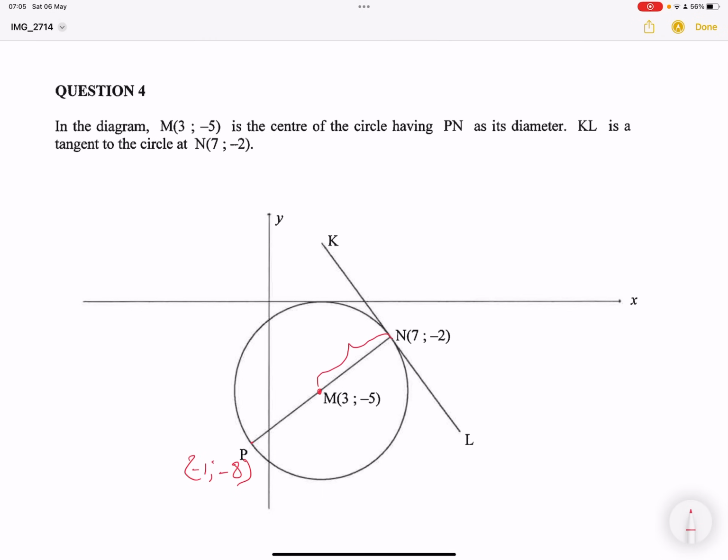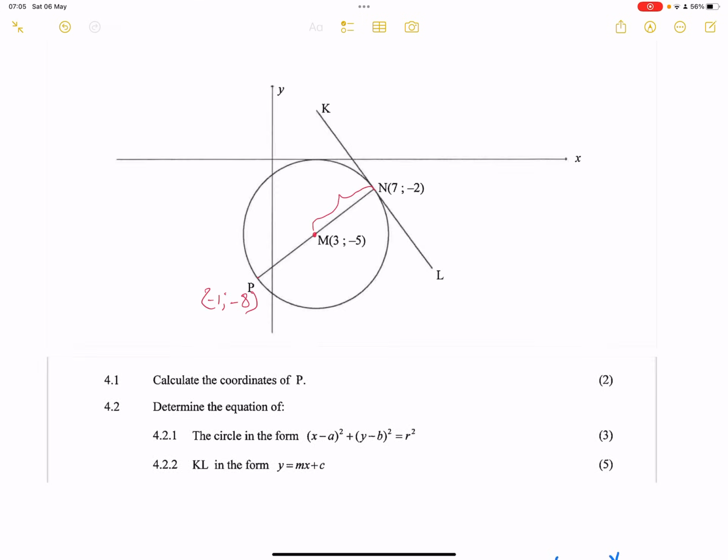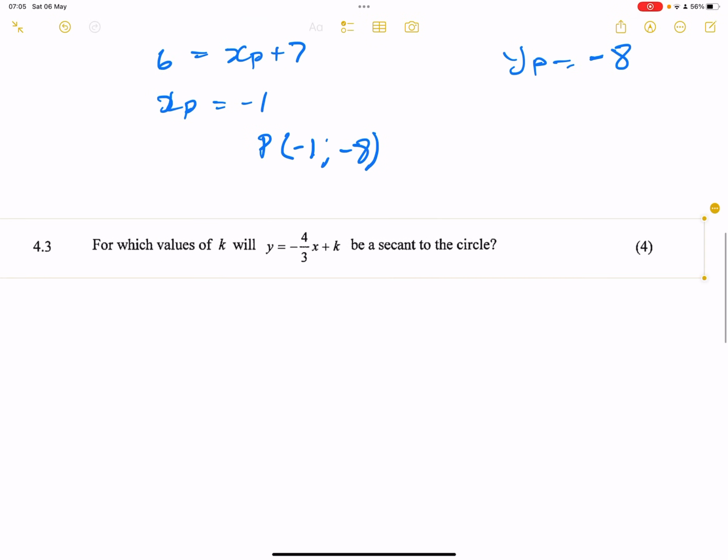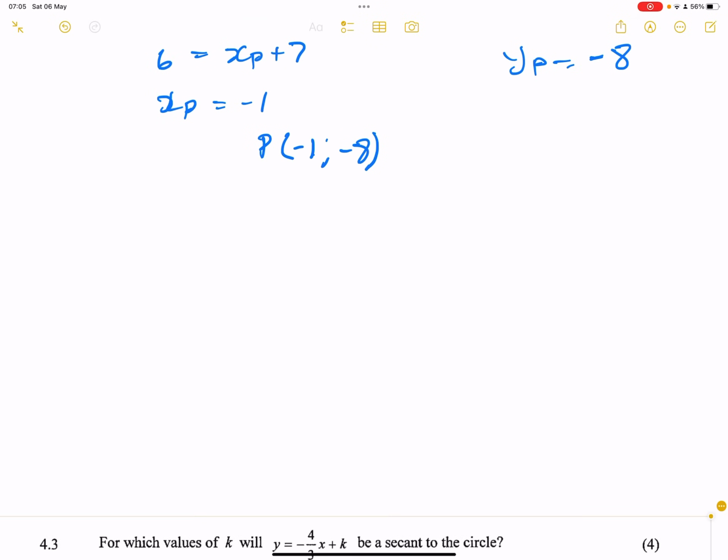That would be our radius. So we're going to take the distance MN. In fact, because we're going for r squared, why don't we just calculate MN squared, which would be r squared.